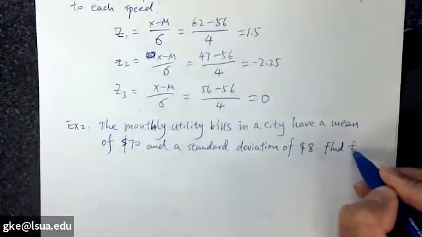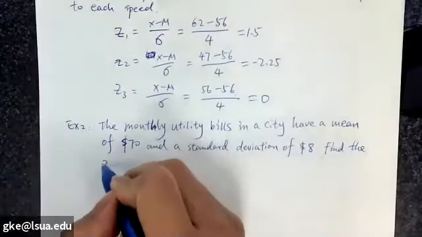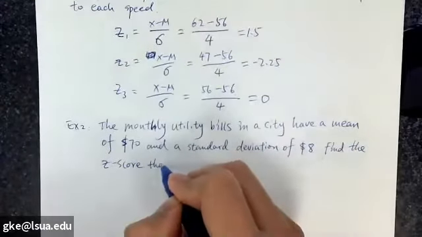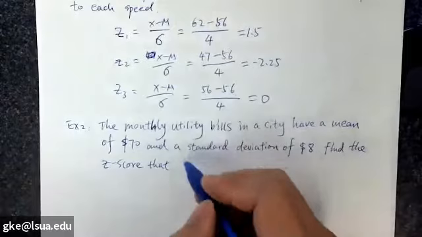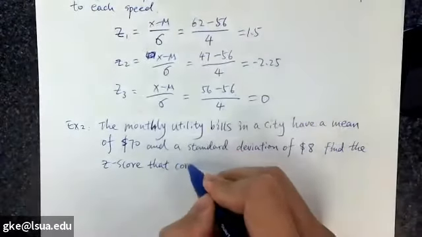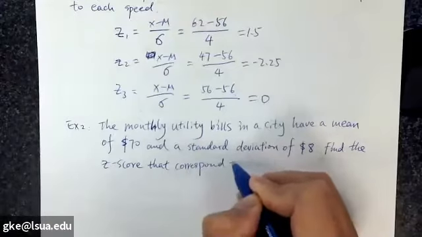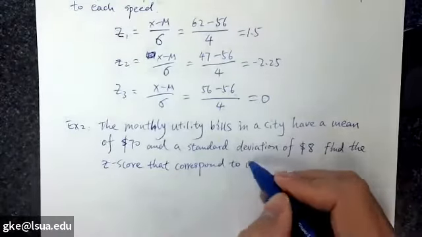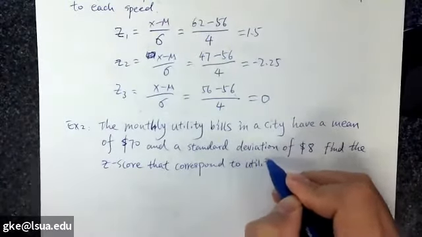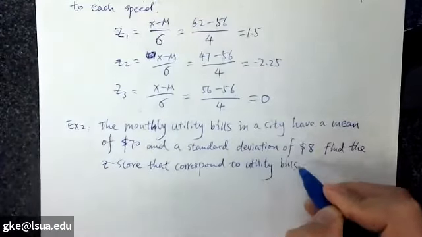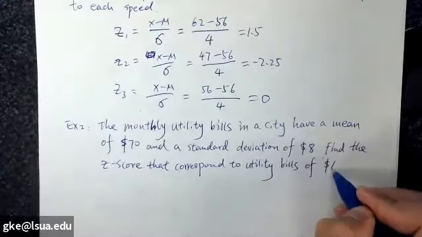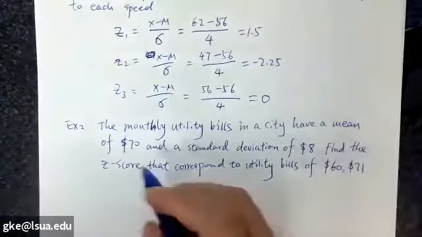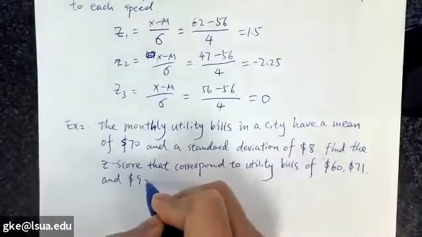Find the z-score corresponding to utility bills of $60, $71, and $92.